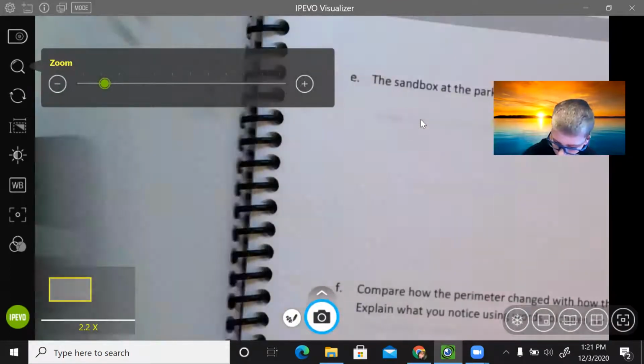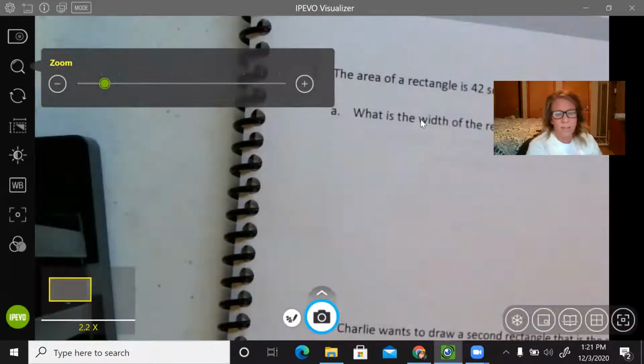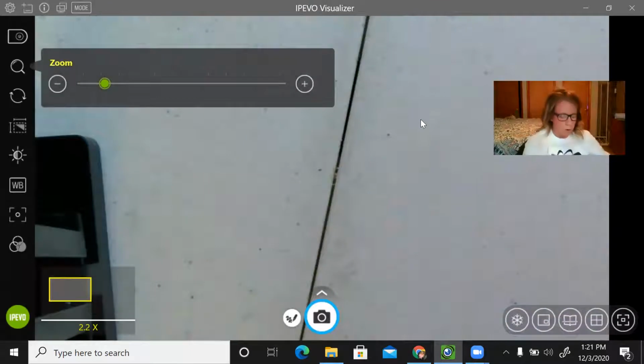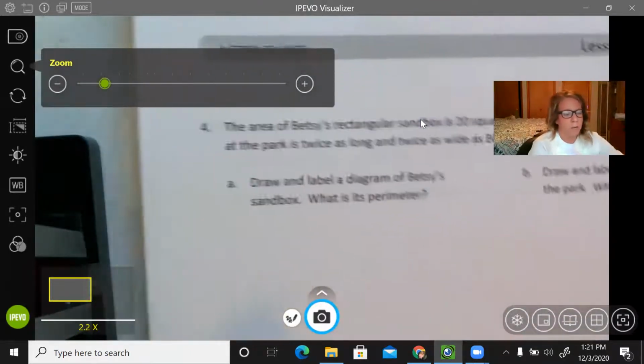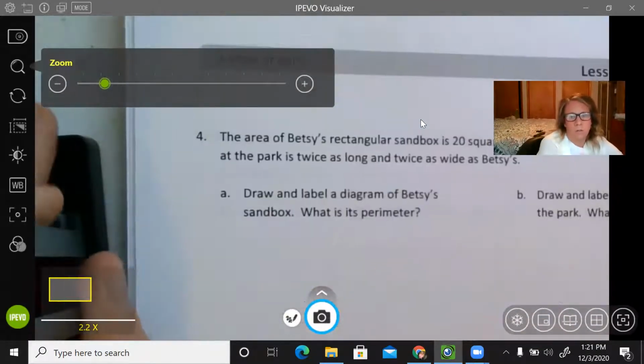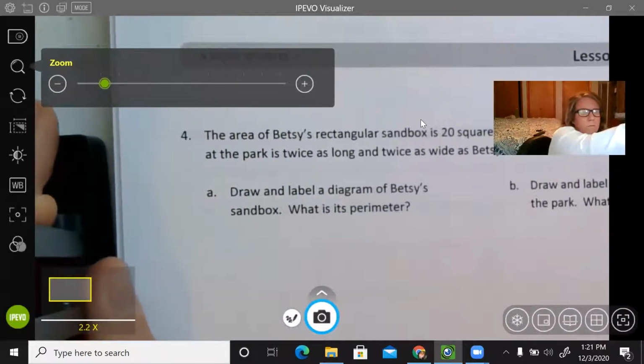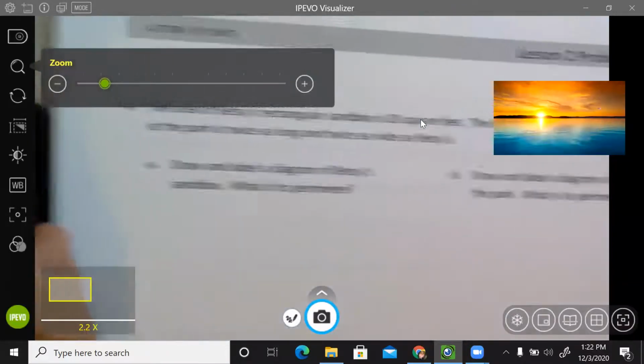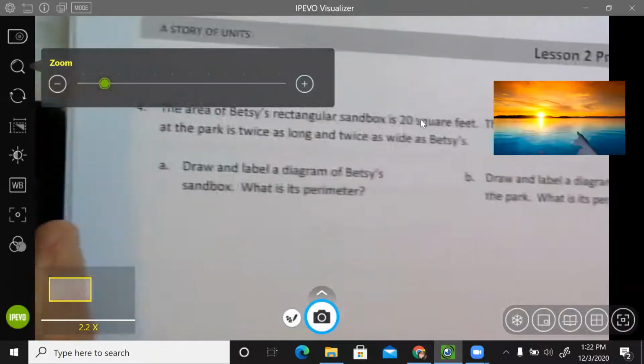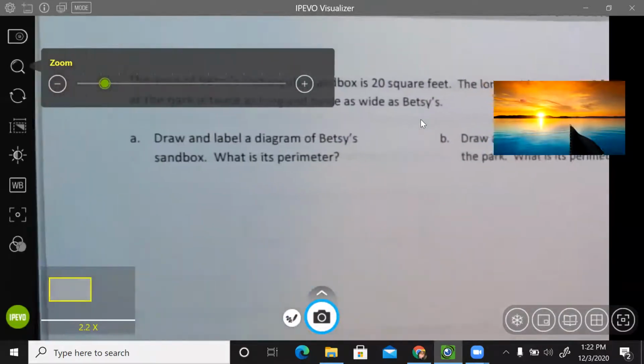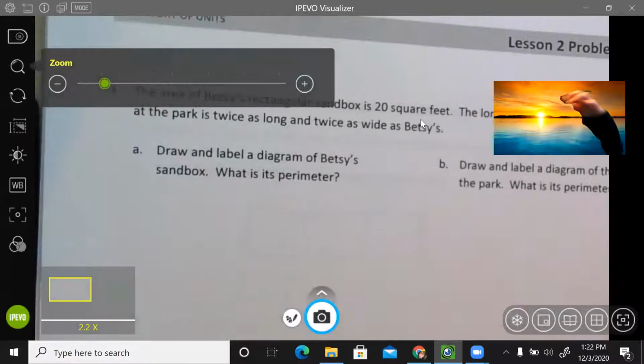So number 4, you're going to skip page 8 because that's number 3. Number 4 is on page 9. Number 4 has a lot of parts.